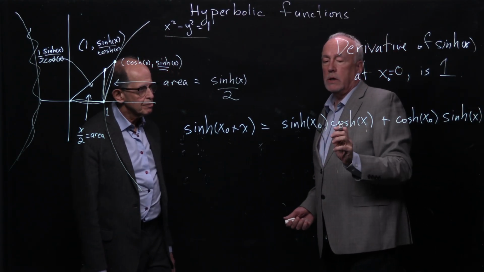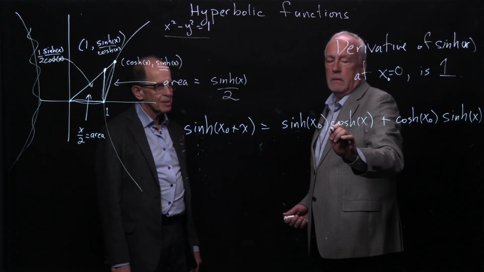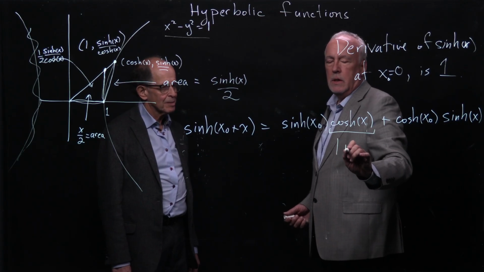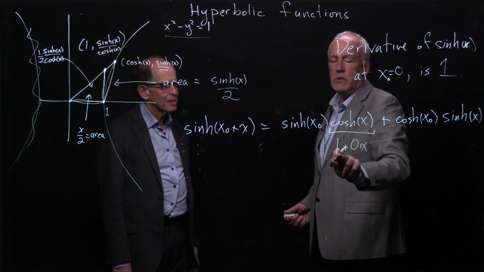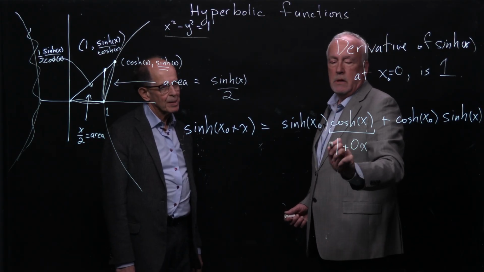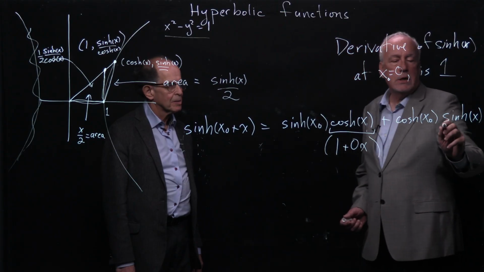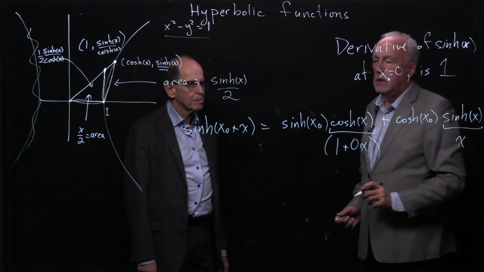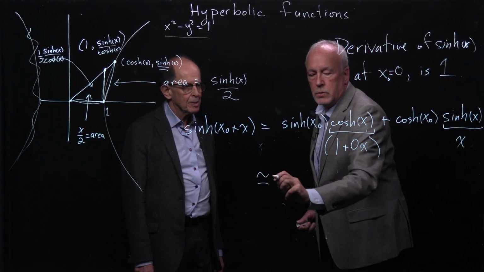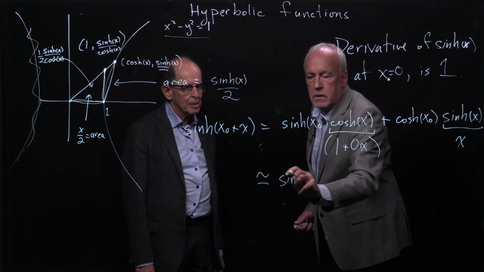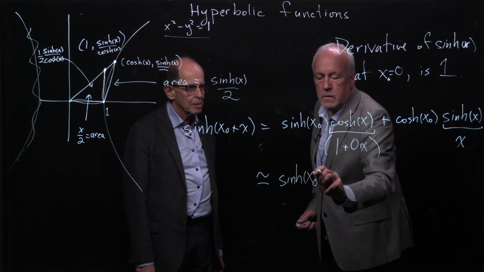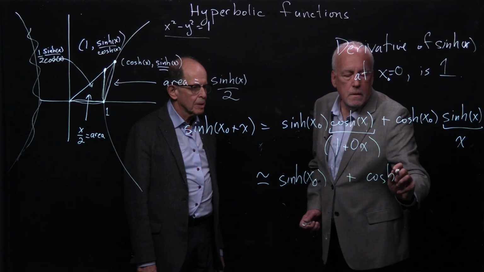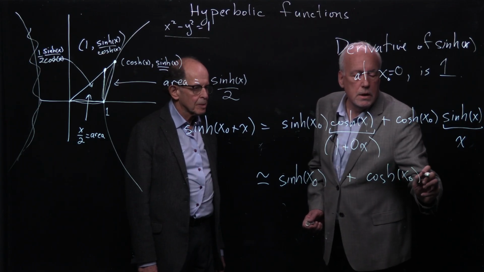Right. We do our approximation. This we haven't actually said, but it turns out the same: cosh x is approximately 1 plus 0 times x. So it's a flat line. Yep, that's our approximation. And sinh x we saw already, it's approximately x. So what we get is sinh of x0 plus x is approximately sinh x0 times 1 plus cosh x0 times x.